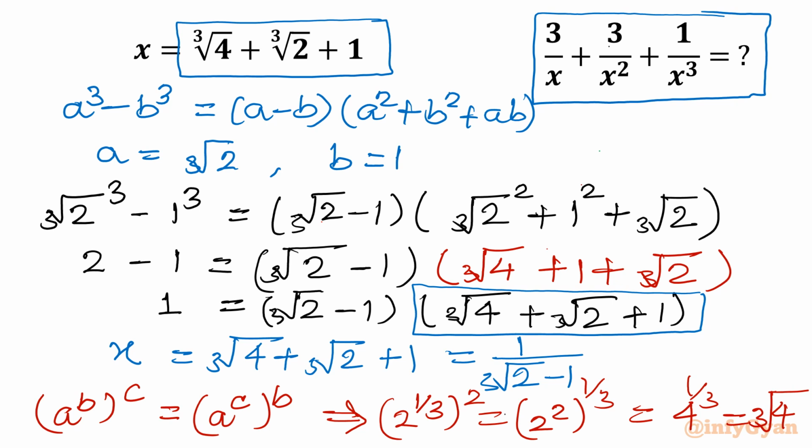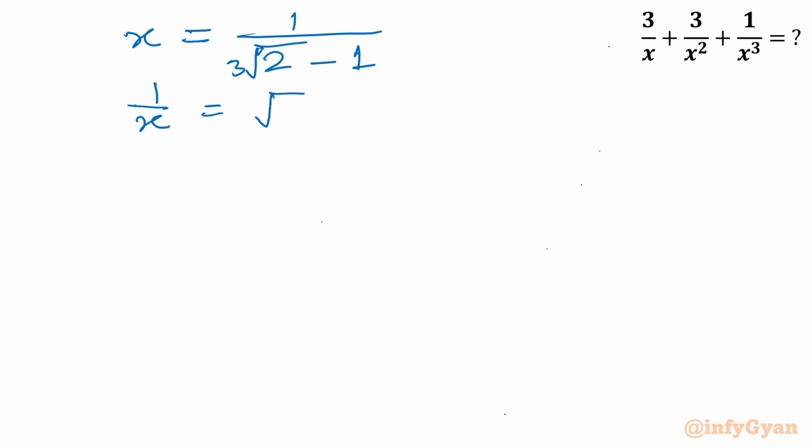Now we will evaluate 1 over x square, 1 over x cube, and then we will put the value. Let me write here x is equal to 1 over cube root of 2 minus 1. So I can write 1 over x would be cube root of 2 minus 1, reciprocal of both sides.